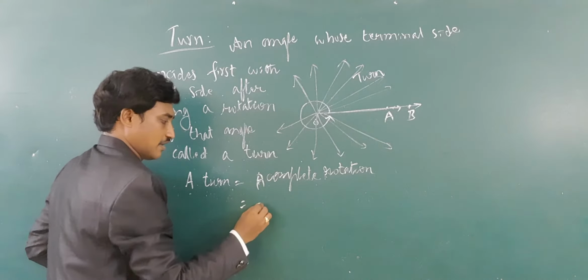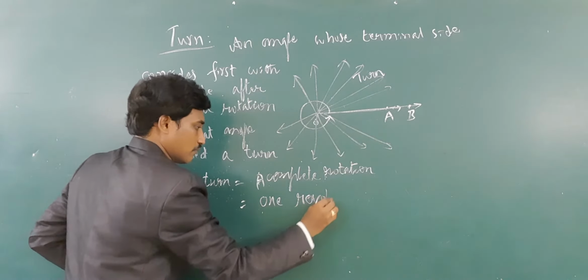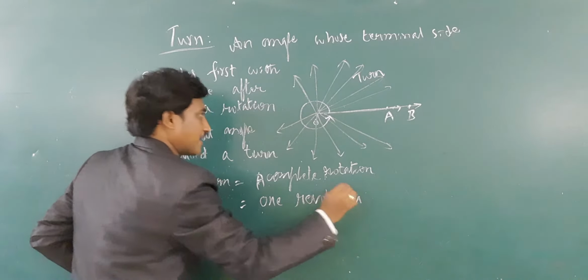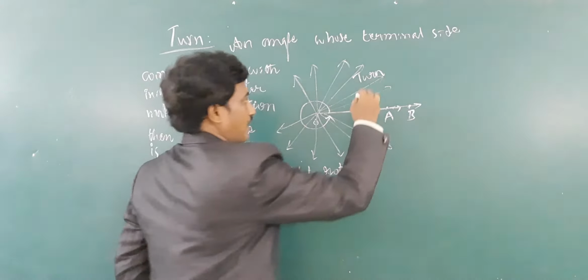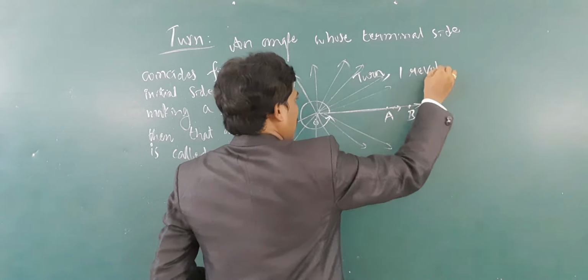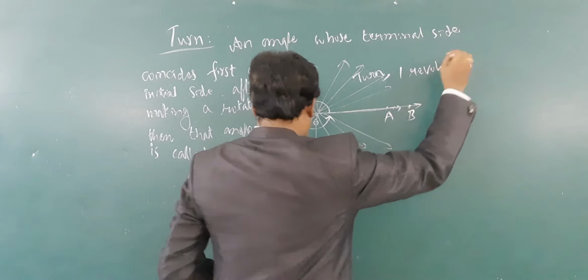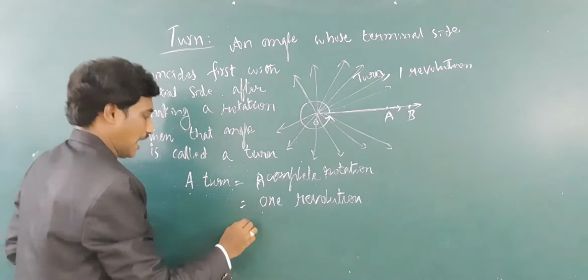We call it one revolution. A turn is one revolution, one complete angle, a whole angle.